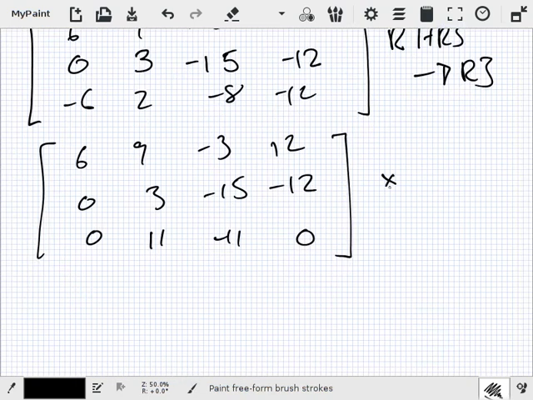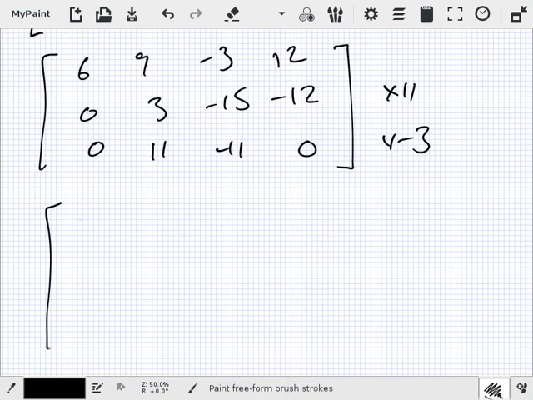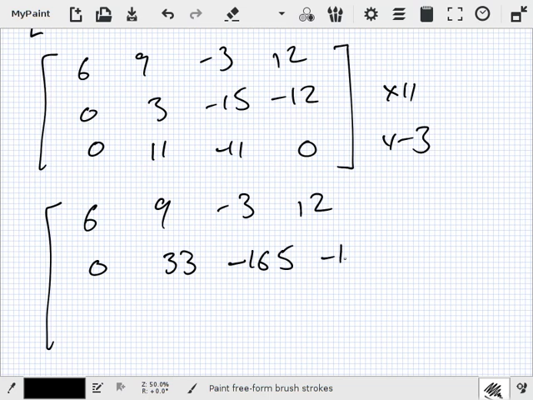Next, I'll multiply this by 11 and this by minus 3. So I have 6, 9, minus 3, 12. 0, 33, what's 15 times 11? Minus 165, is it? And minus 121? No, it's not. It's 144 minus 12, 136. So 136.